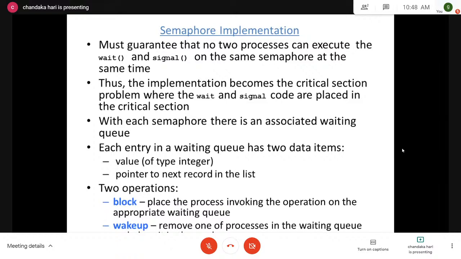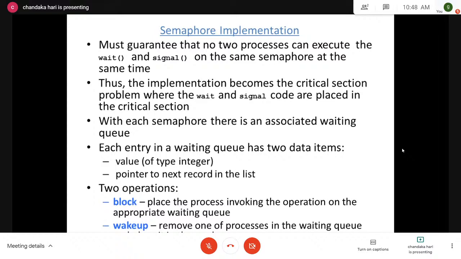Before going to the detailed discussion of the multiple process solution, that is the counting semaphore, you must guarantee that no two processes can execute wait and signal on the same semaphore at the same time. That is the first very important one. Next.